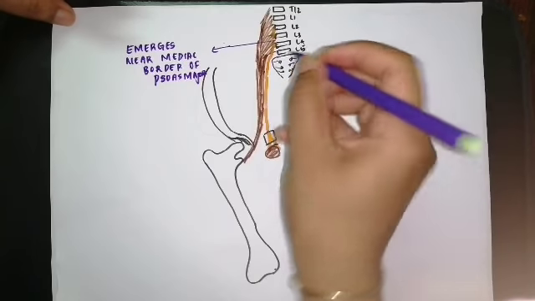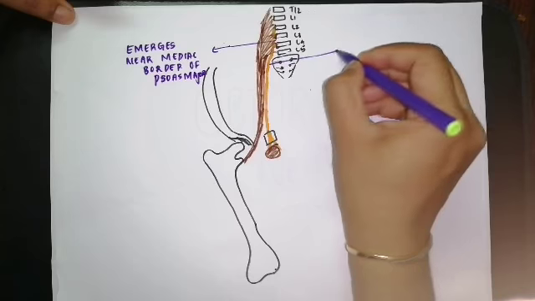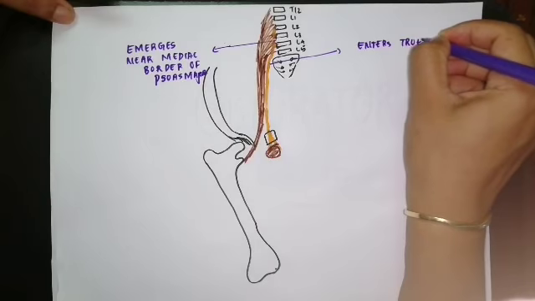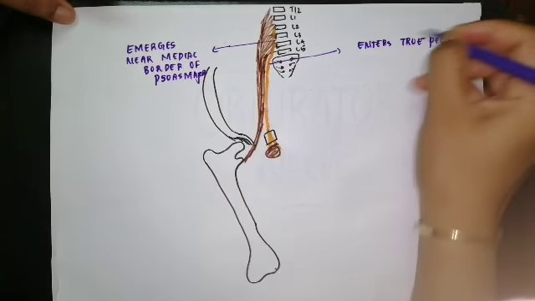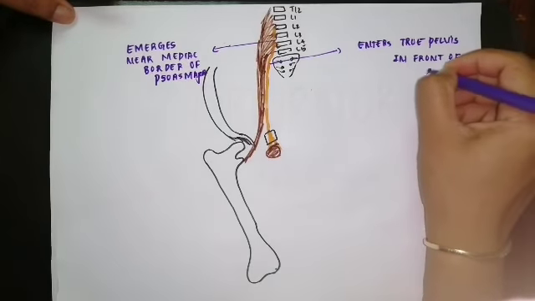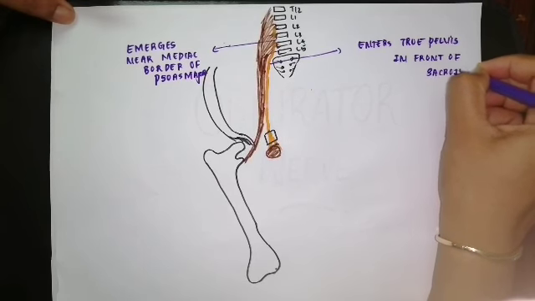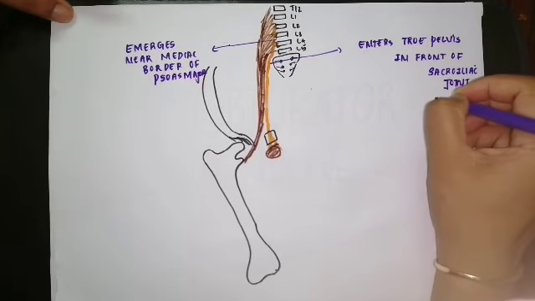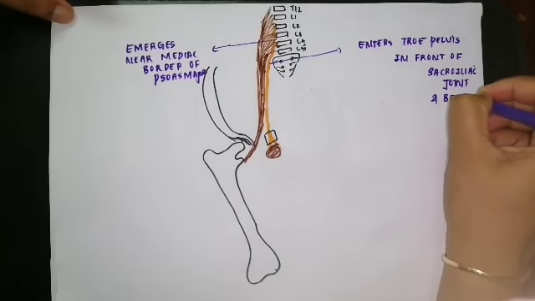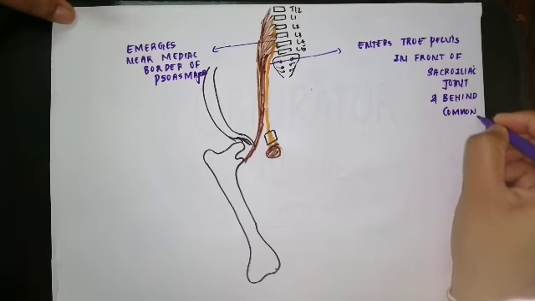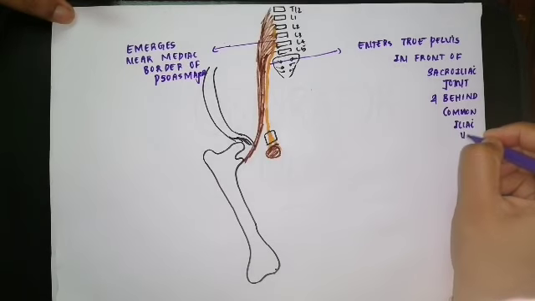Now it enters the true pelvis, in front of the sacroiliac joint, and behind the common iliac vessels, the common iliac artery.